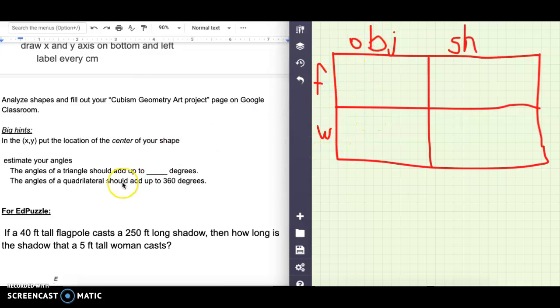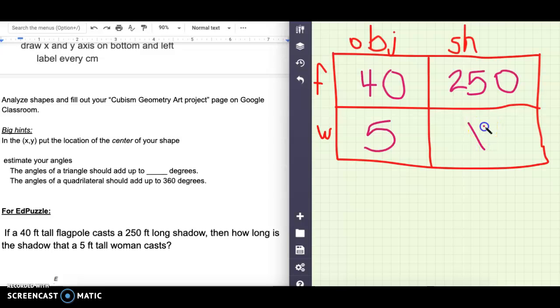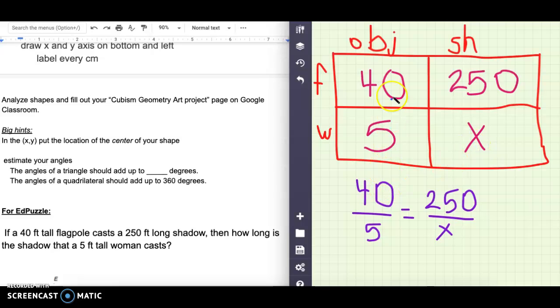So the flagpole object is actually 40, and the flagpole shadow is 250. Then the woman, the actual object of the woman, is 5 feet, and we don't know about her shadow, so that is our X. We take what's in our boxes, and we just write it down here as 2 equal fractions in a proportion.